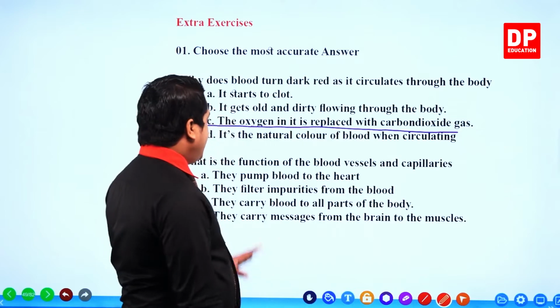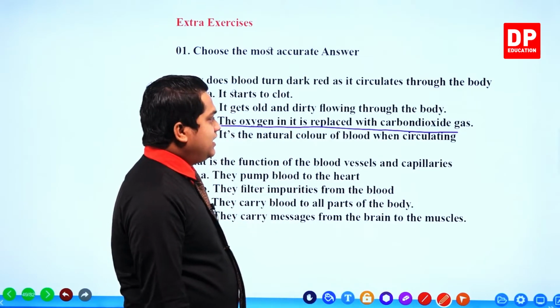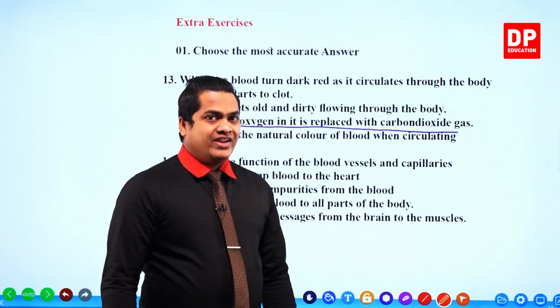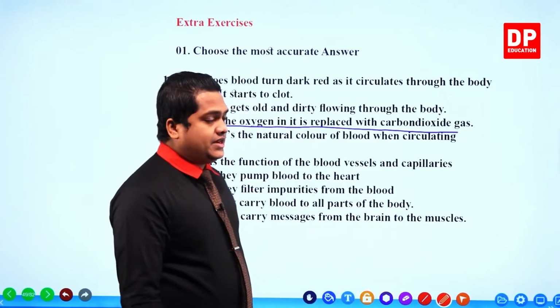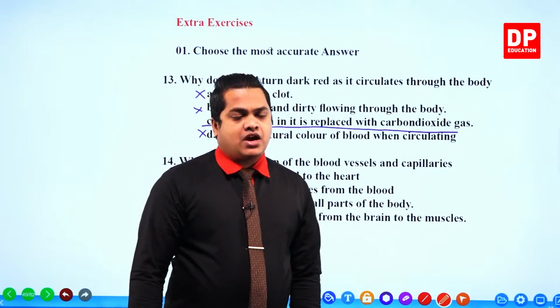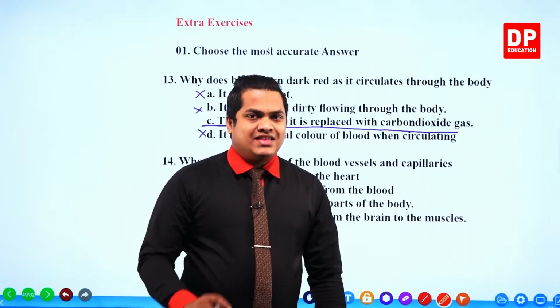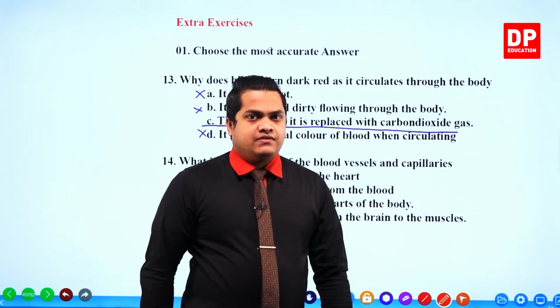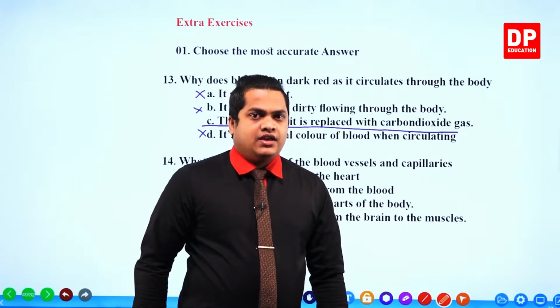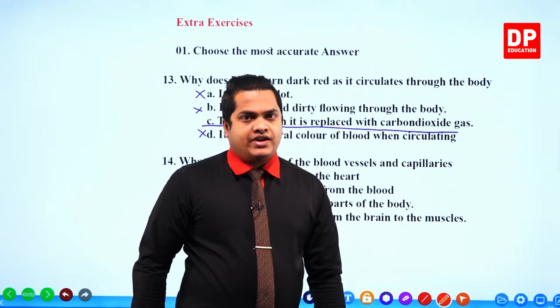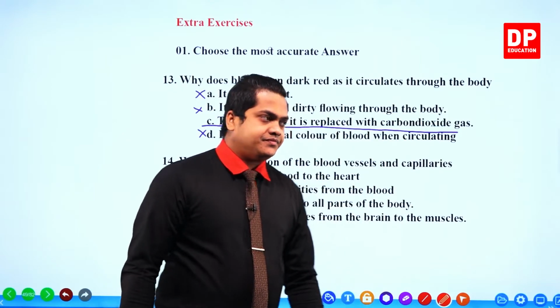Then natural color we can ignore. It's not the natural color. Oxygen is getting replaced with carbon dioxide. That's why we can observe the darker red color. If not, we can observe the bright red color, right?